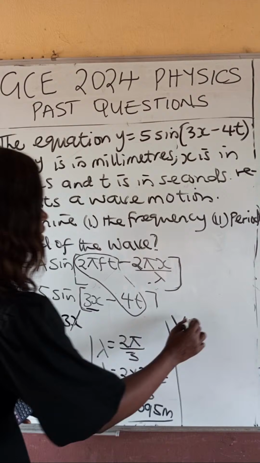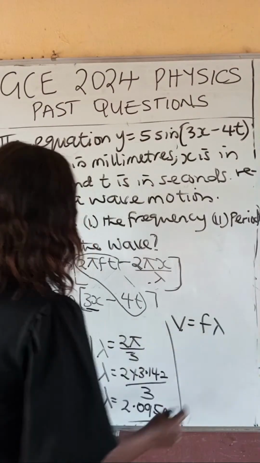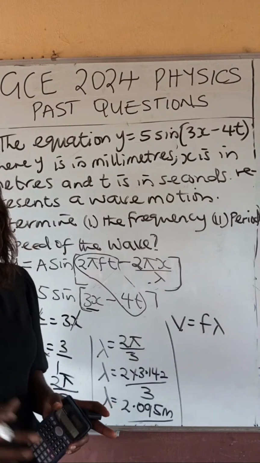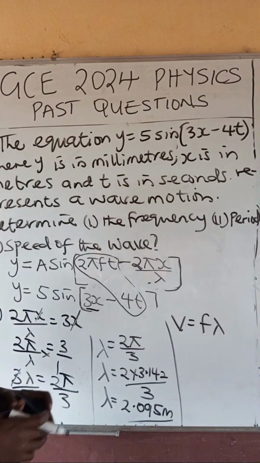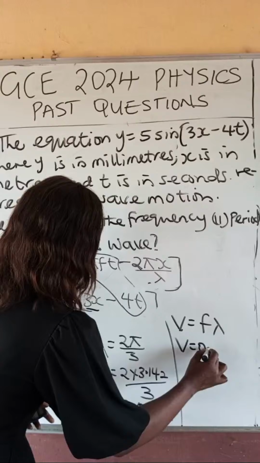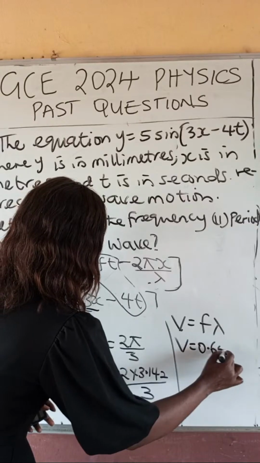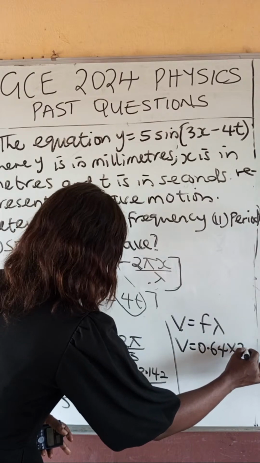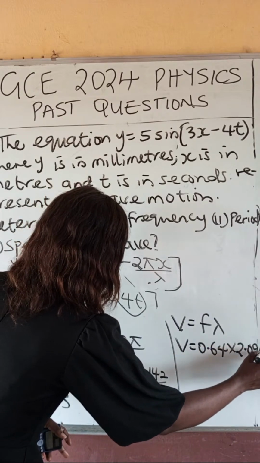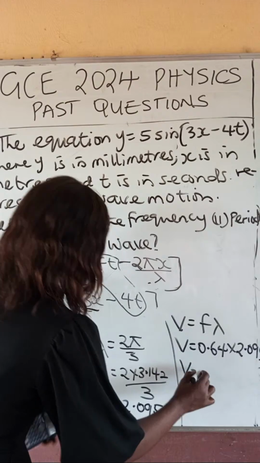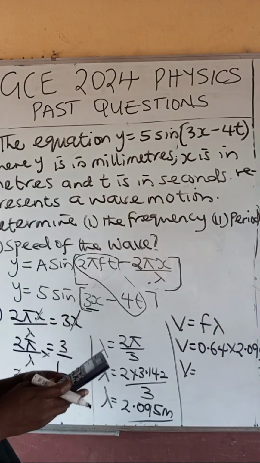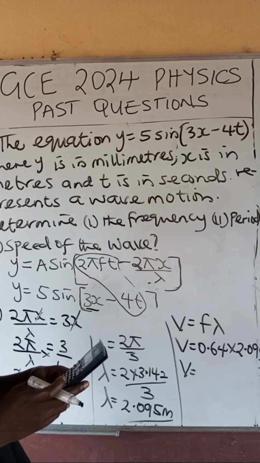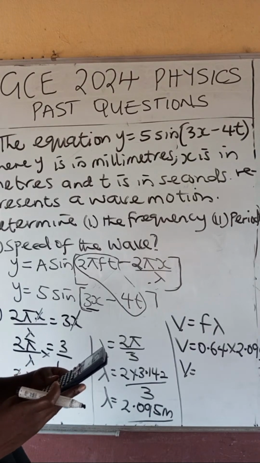Now for me to solve for the speed of the wave, it is equal to what? F lambda. Okay? Now we should not forget that we already got our frequency to be 0.64. So we say 0.64 multiplied by what? 2.095.